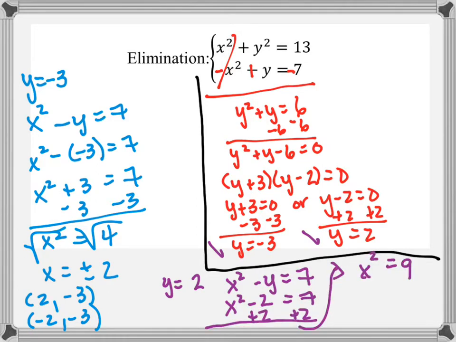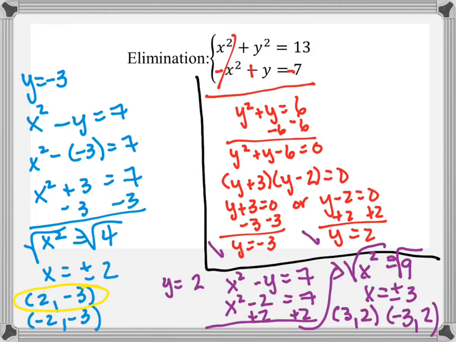Add 2, I get x squared equals 9, or x equals plus or minus 3. So here, when x is positive 3, we know y is 2, and when x is -3, we know y is 2. So again, we have 4 solutions, the same 4 solutions we had solving it using substitution. So we have (2, -3), (-2, -3), (3, 2), and (-3, 2).